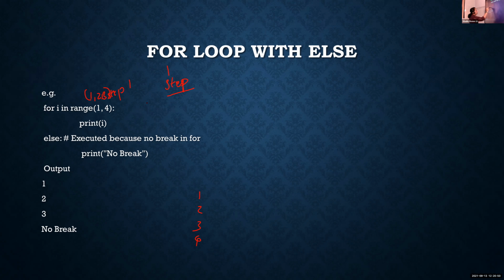After that, the control moves back to this else part. So it will print no break. Any output, any message you can give here based on your program. Okay. So after else, print no break.